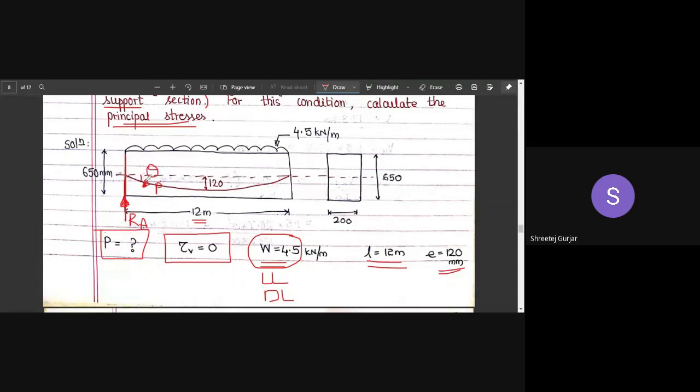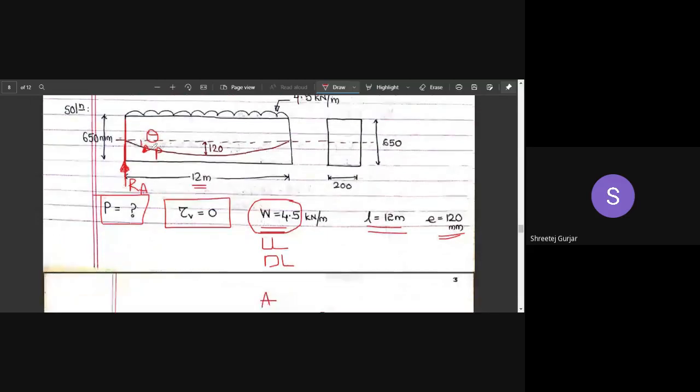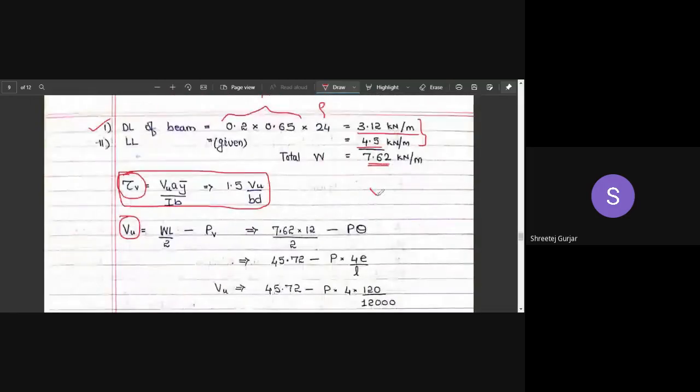The vertical resolution of this P, I will draw over here. So this is your P, which is at an angle theta. We will resolve this P into the vertical component PV, and we know PV is equal to P theta, neglecting the sine, because theta is very small, so we can directly consider it as P theta.